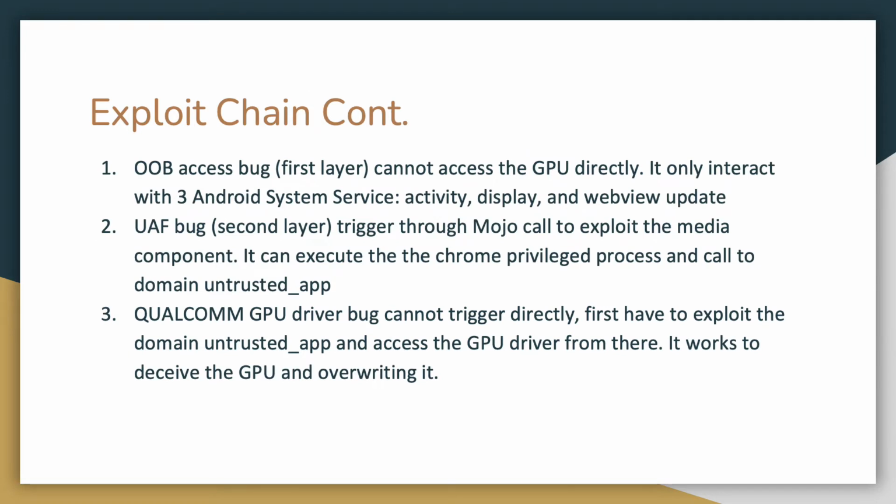To explain the exploit chain a little bit, the first layer is the OBSS bug that helps it move on to the second layer, in which it can trigger a module call to trigger the second bug, and from this build an exploit to compromise the media component, in which when the media component compromises into a domain untrusted app, it can then gain access to the GPU driver.